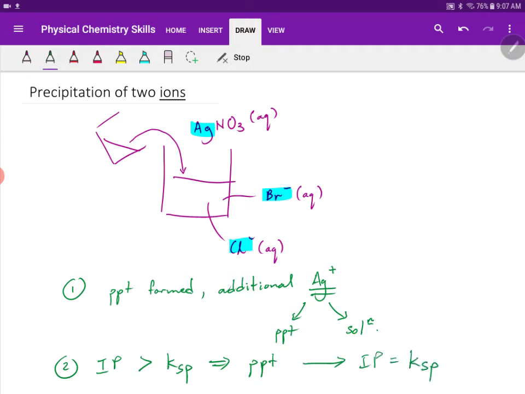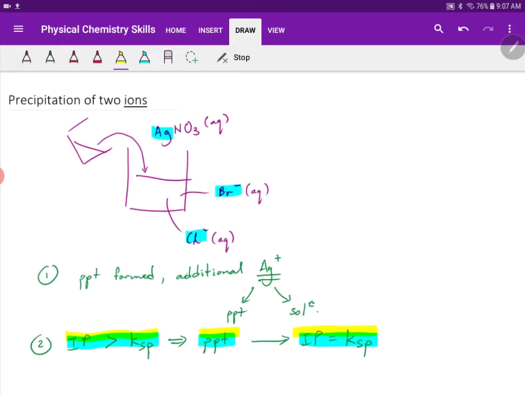When you add in something else, momentarily IP will be greater than KSP, then you get more PPT, then you reach IP equal to KSP again. I pour a little bit more, my IP overshoots KSP again, I get more PPT, and then the system drops back to IP equal to KSP, and so on, until the second thing comes out.